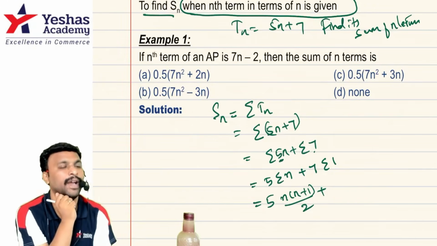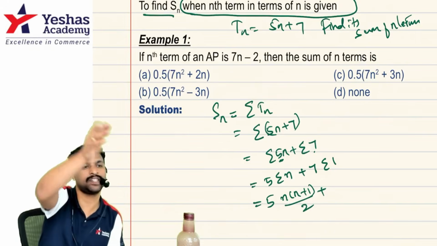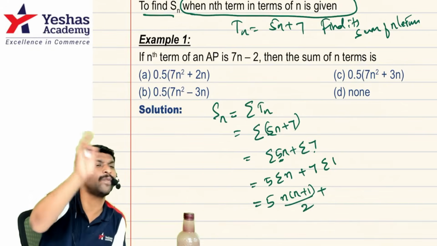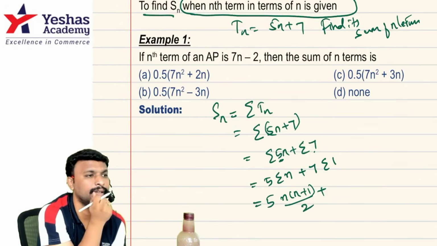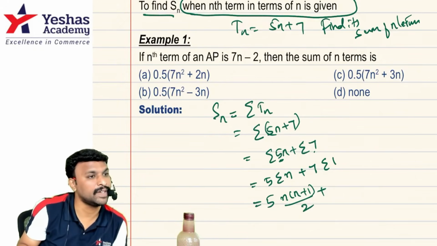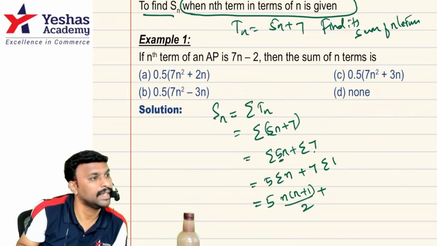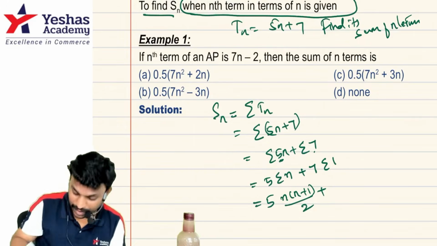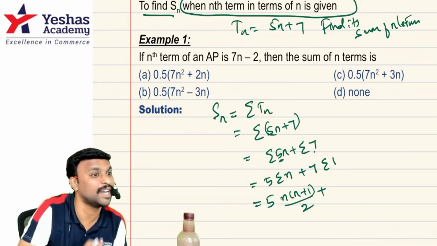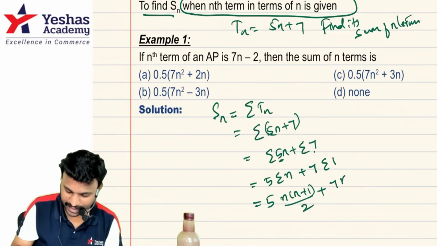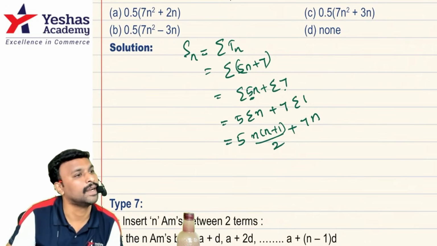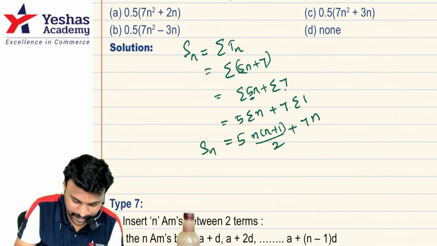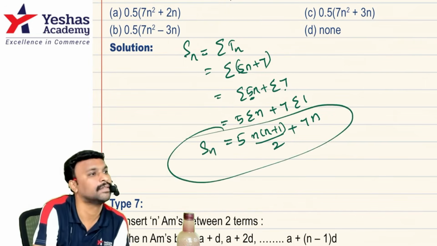If I ask you for the sum of first 10 ones, 10. Sum of n ones, n. Summation 1 means the summation of n ones, which is nothing but n. Understood?